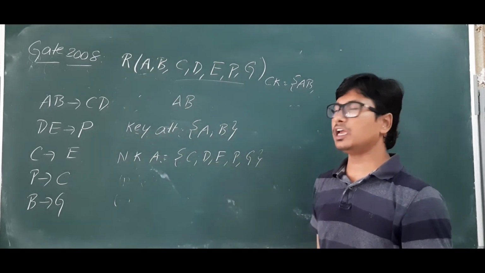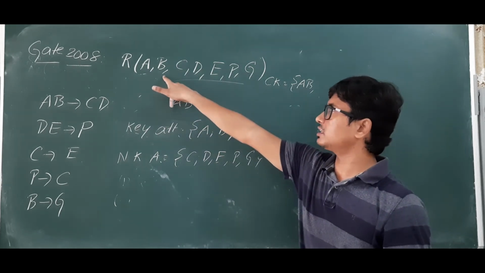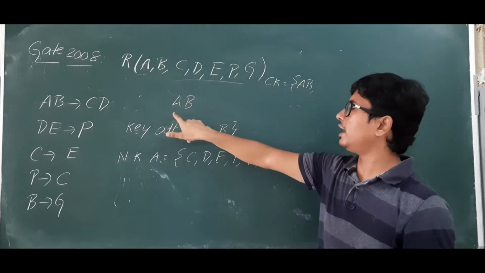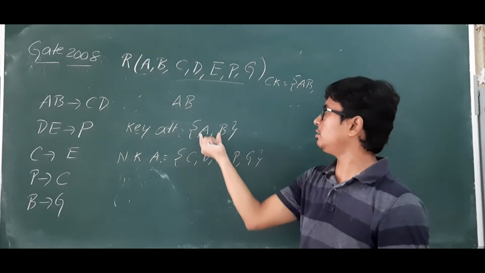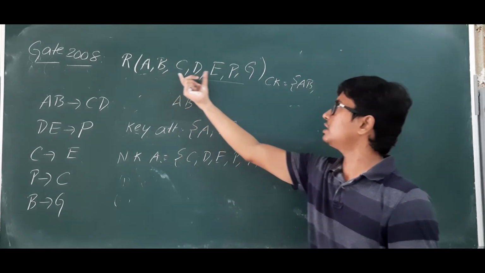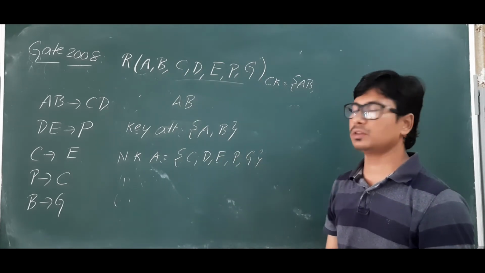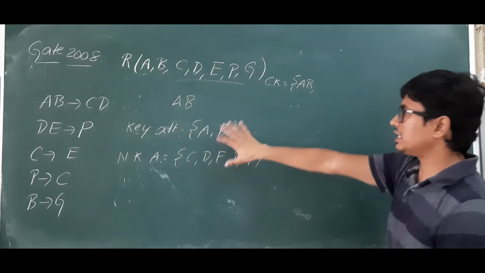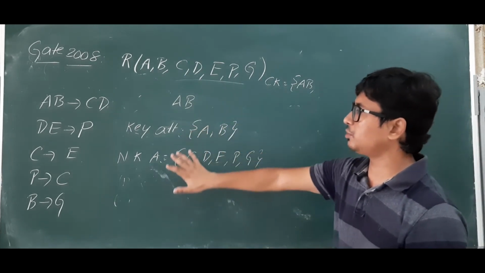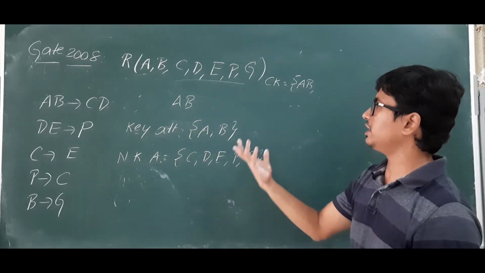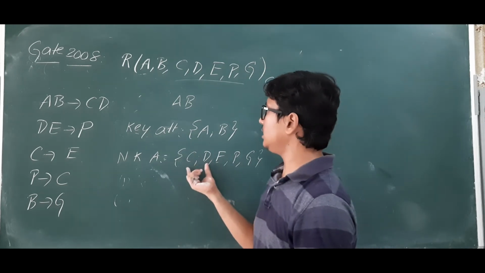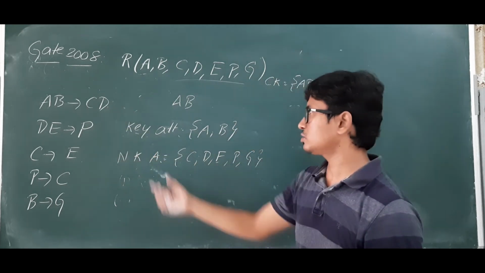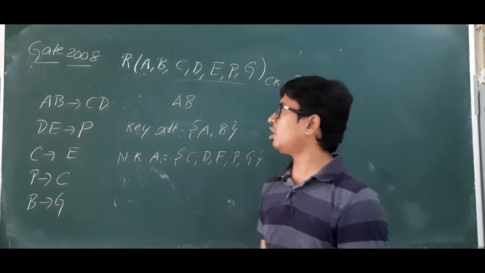What are the non-key attributes? The attributes which are there in the relation and are not there in the key attributes. A and B are the key attributes, and the remaining attributes come into the non-key attributes. Once you have identified the key attributes and non-key attributes, it is very easy for us. Now CD is a non-key attribute, so you have a right-hand side non-key attribute.